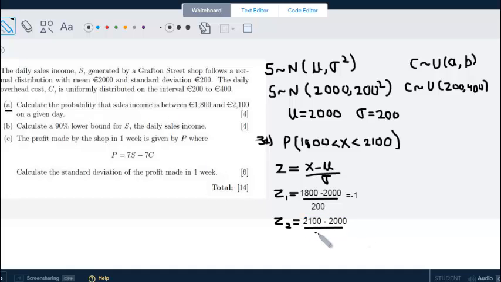So 2100 minus 2000 is 100, upon 200 is 0.5.